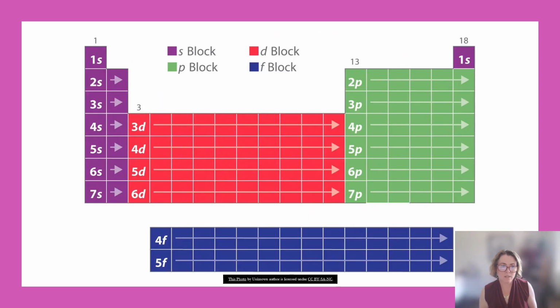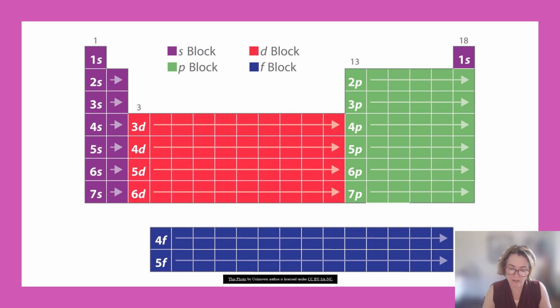Okay, so this basically shows you exactly what we just talked about in the previous slide, and having you write on your periodic table where the S block, the P block, the D block, and the F block are. Now, the one thing this slide highlights is this number out in front of the block.